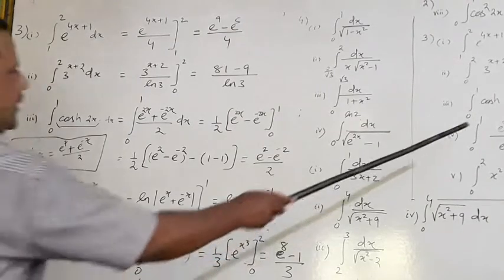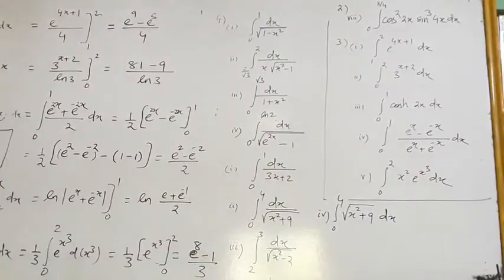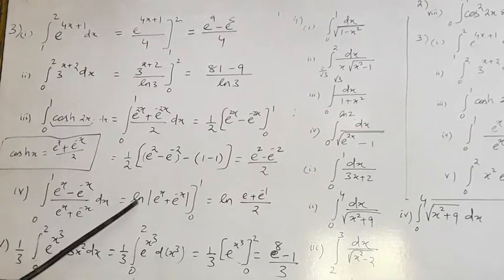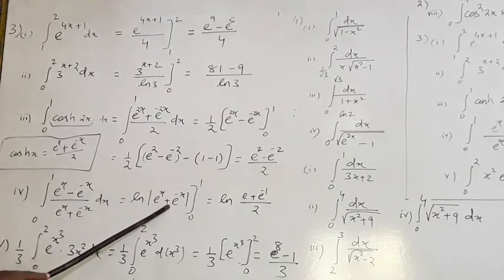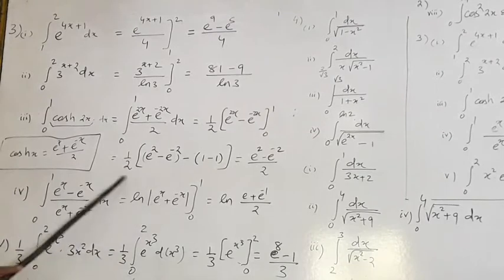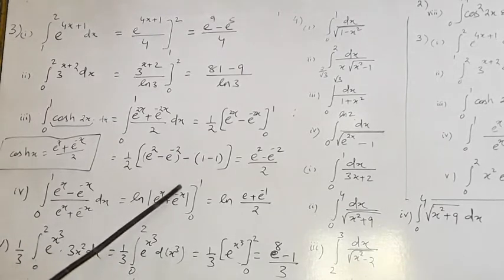Similarly for IV, it is very clear that the derivative of the denominator is in the numerator. So directly I am writing, since the numerator is the derivative of the denominator, its integration is ln of the denominator. The form is dt by t, and I can write it as ln denominator, that is ln of e to the power x plus e to the power minus x.